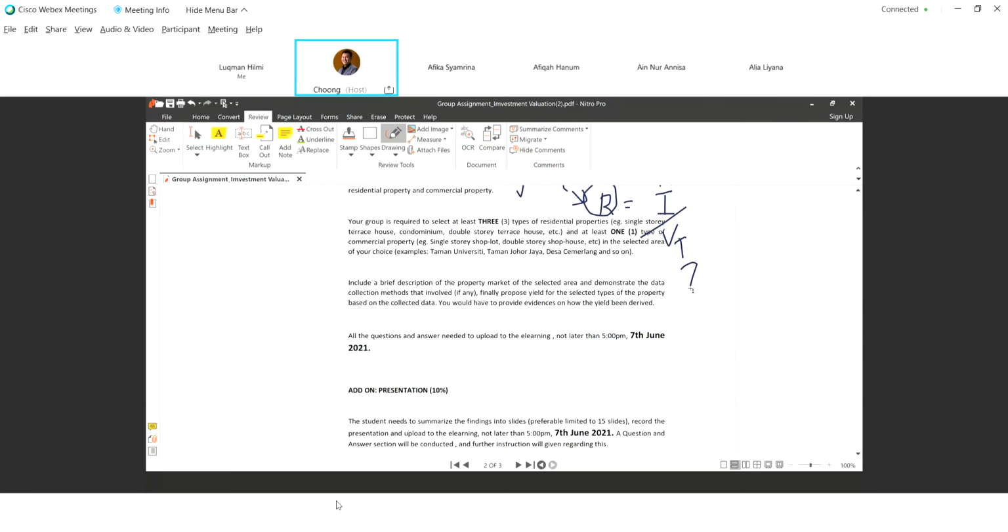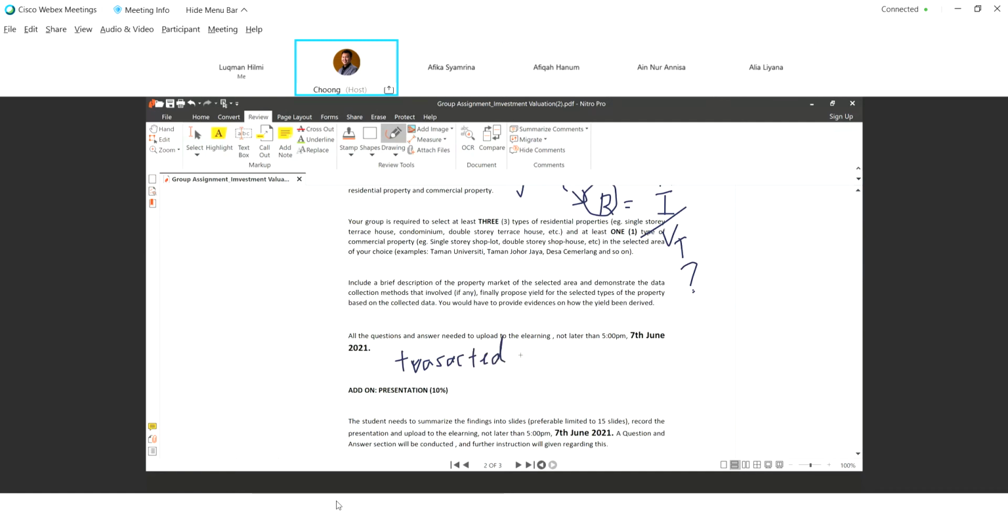Price, yes, exactly. Yes, Amira, yes, you're right. The closer things to the value itself is if you don't have the relevant data available, definitely kita nak transaction price.